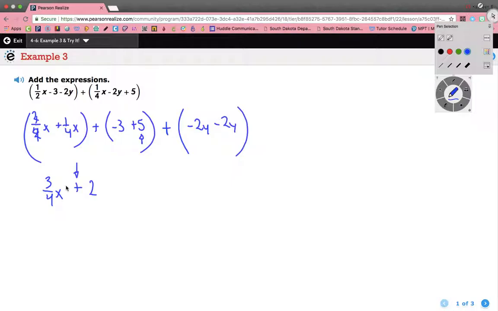So I'm already in the hole 2y. I'm giving away more 2y, so I know I'm going to have a -4y, or I'm going to add the opposite. So -2y plus -2y is -4y. Okay, I can't combine my x's or my constant or my y's because they're not like terms. I cannot do it.